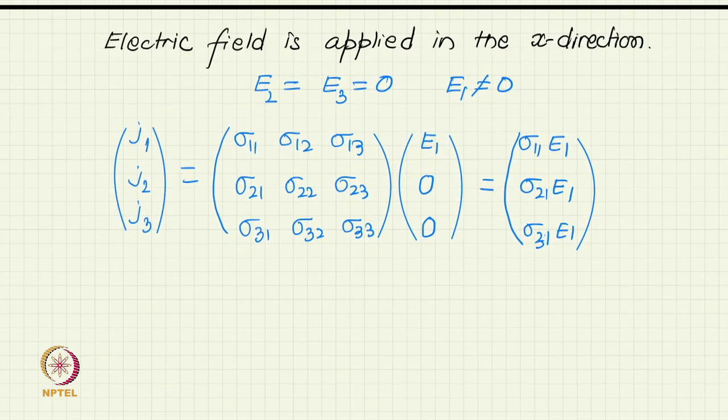So, this tells us that if we apply an electric field E1 in the x direction, then J1 is the current density in the direction of the applied field, and that is equal to sigma 1 1 E1. So, this gives us an interpretation that sigma 1 1 is nothing but the electrical conductivity in the x1 direction, if the electric field is applied also in that direction.